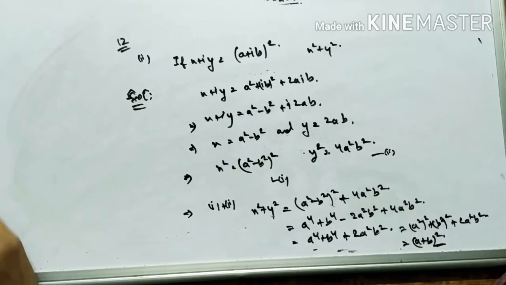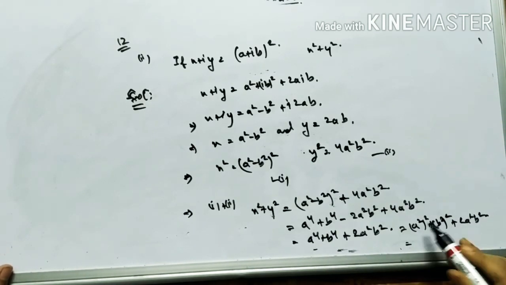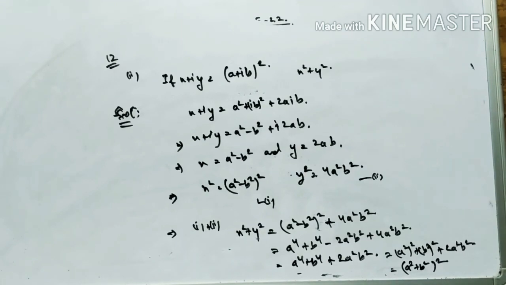Oh sorry, this is equal to not (a plus b) the whole square, but (a square plus b square) the whole square. This is (a square) the whole square plus (b square) the whole square plus twice a square b square. So this is equal to (a square plus b square) the whole square. I hope you have understood.